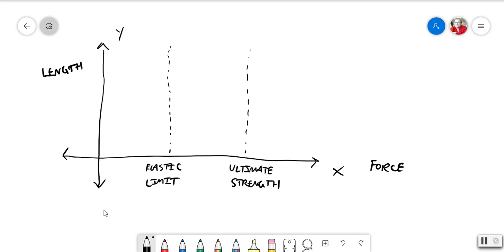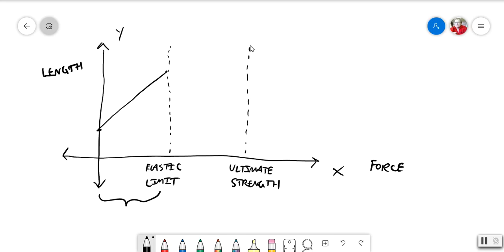So in this area here, maybe the slinky starts at a certain length. What the length is, it doesn't really matter. And as you smoothly increase the force, it gets longer and longer until you reach the elastic limit.